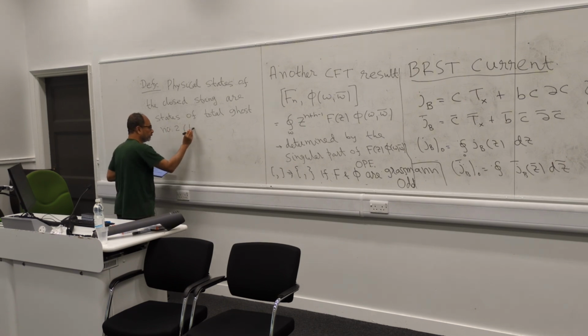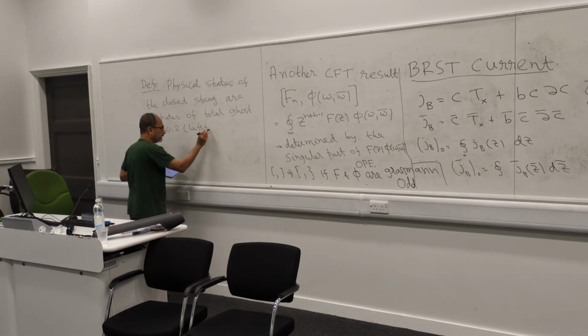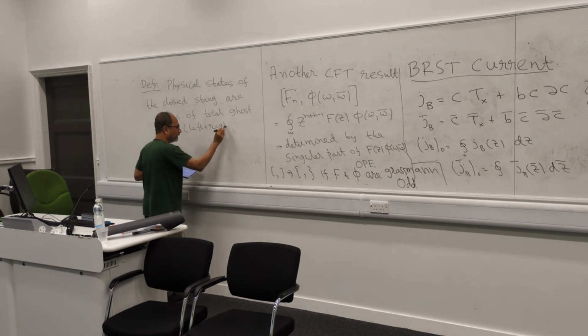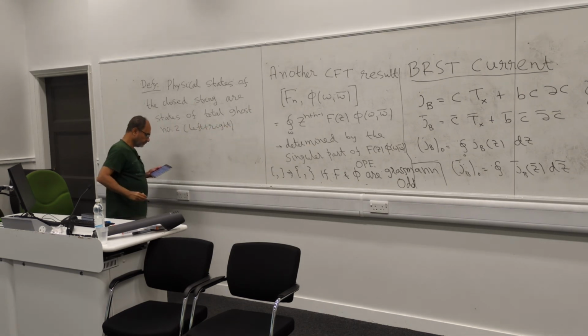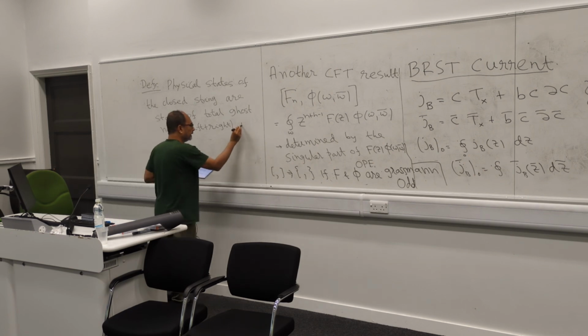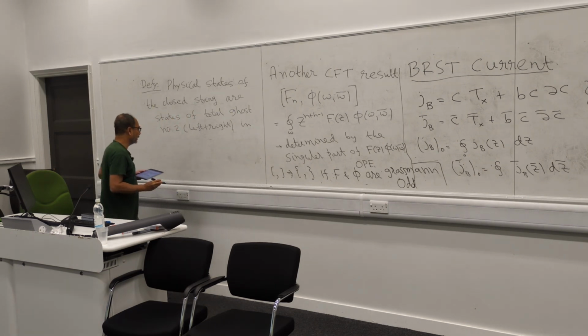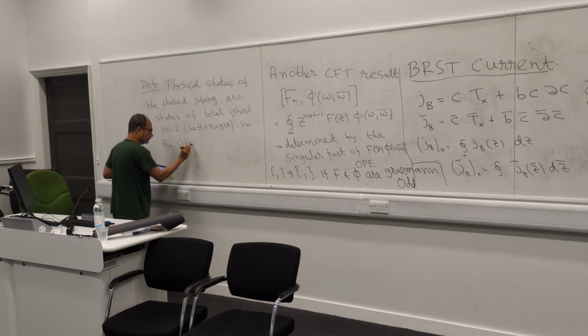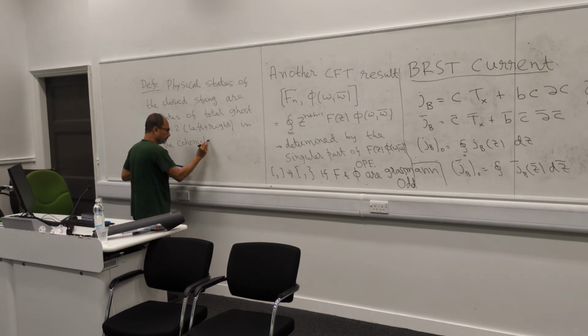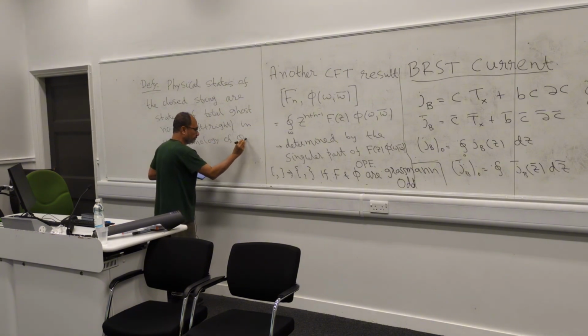See here, the total ghost number means left plus right, or holomorphic plus anti-holomorphic ghost number, in the cohomology of Q_B.